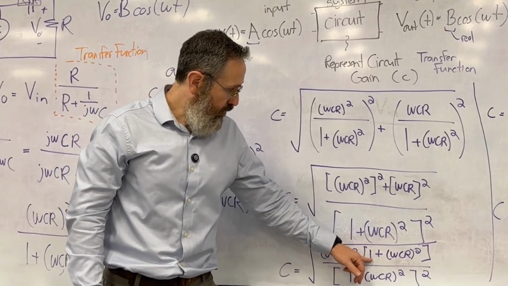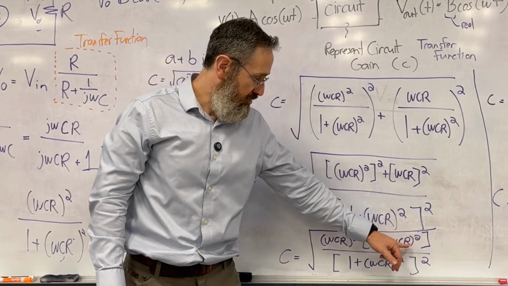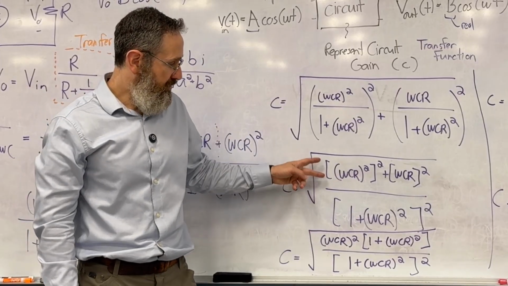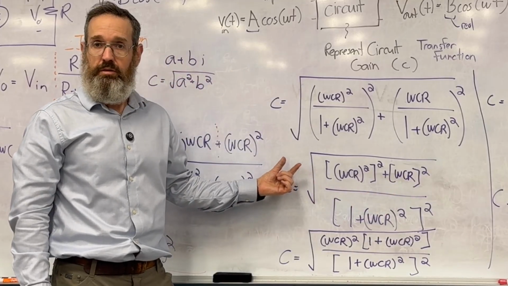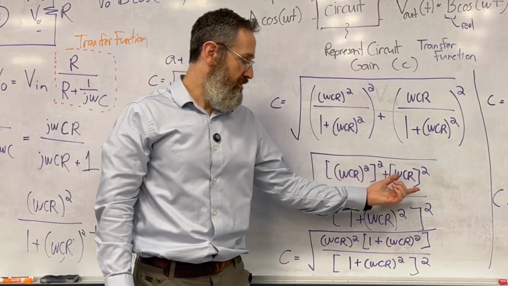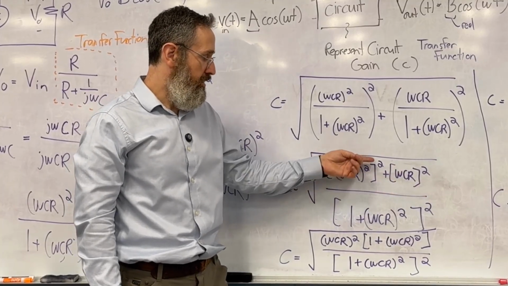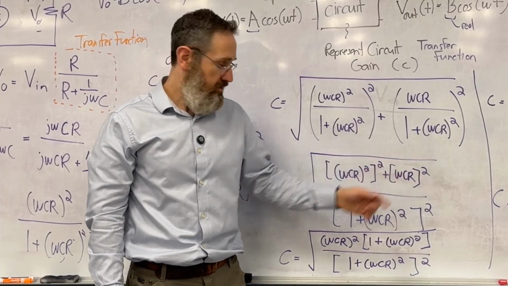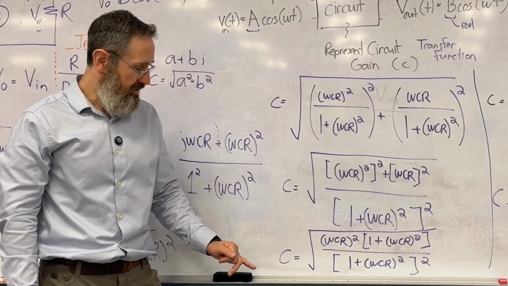WCR squared times 1 will be this term, right? And WCR squared times WCR squared is this term here. I pulled out the WCR squared, almost as if, just think of WCR squared as apple. So if I had A squared plus A, and the reason I did this was for a very specific reason.